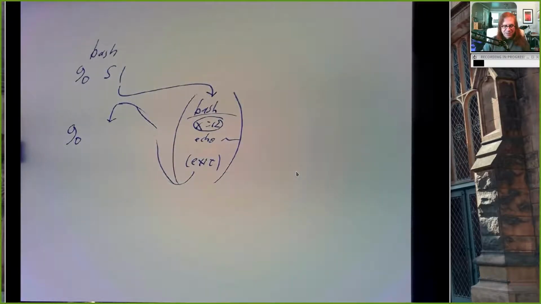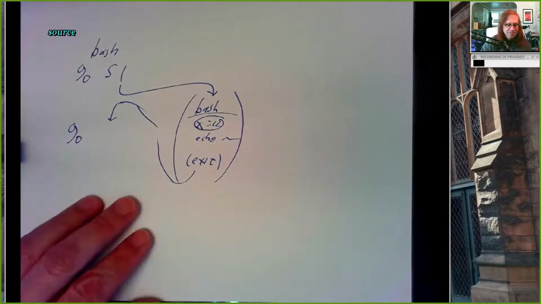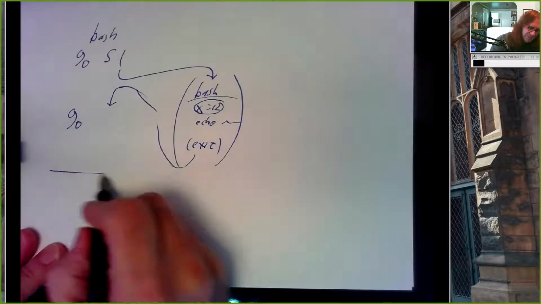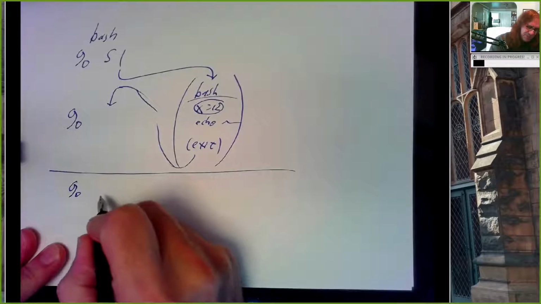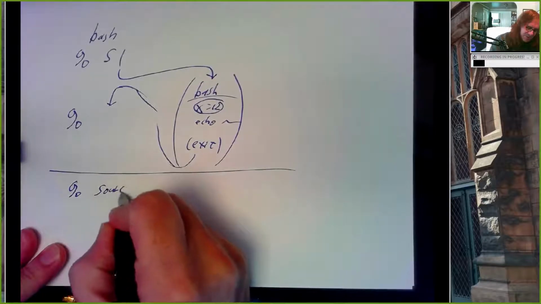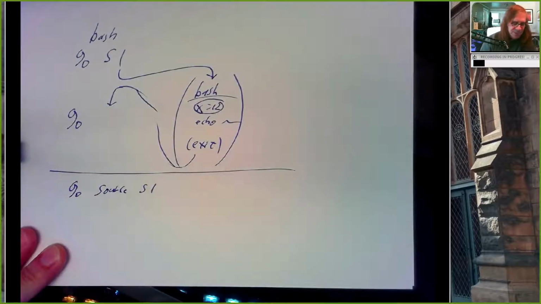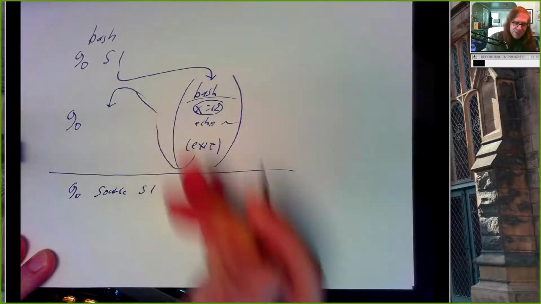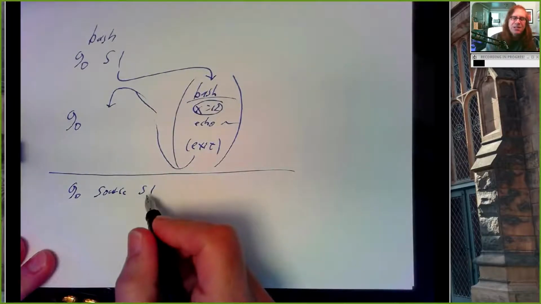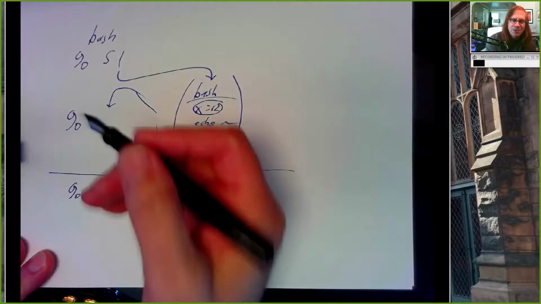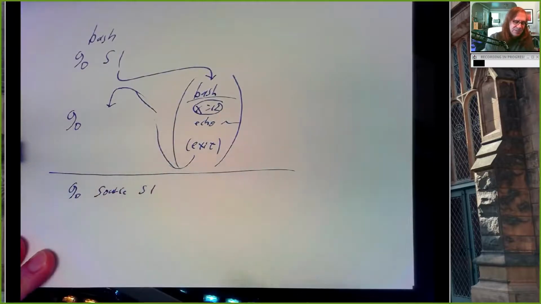There's a different thing I can do. I can use a command called source. It's actually just a keyword in Bash. If I'm sitting at my prompt and I say source s1, I'm not going to create a new instance of Bash. I'm going to read the contents of s1 and basically pretend that they just got typed in here.